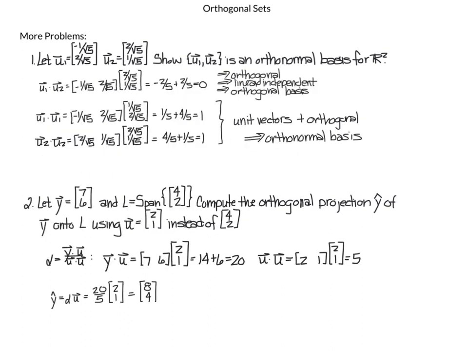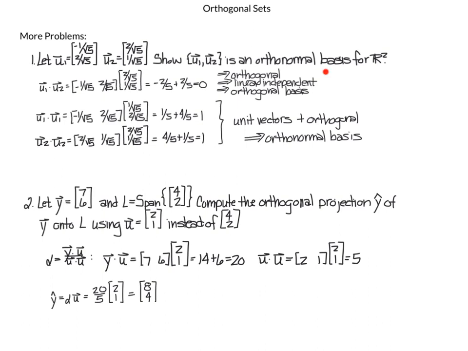For the first problem, we have our vectors u1 and u2, and we want to show it's an orthonormal basis. So first we do u1 dot u2, and we see that's equal to 0. There's only 2 vectors to dot with each other. We could do u2 dot u1, but we already know that's going to be equal to u1 dot u2. So it's orthogonal.